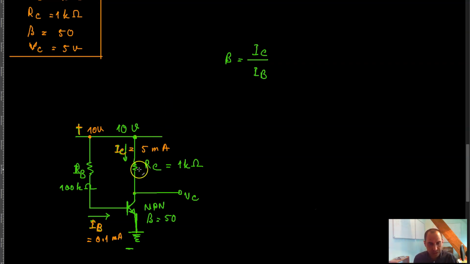So what that means is that when I increase the beta of the transistor from 50 to 75, I should get a lower voltage drop as V of C, or across the PN junction of the transistor. So let's see what happens in that case.